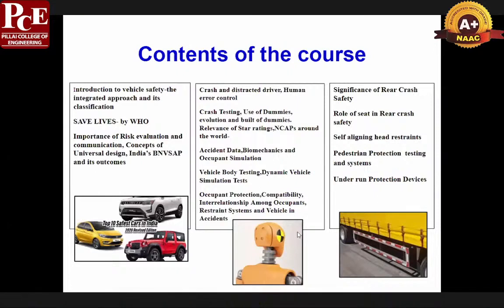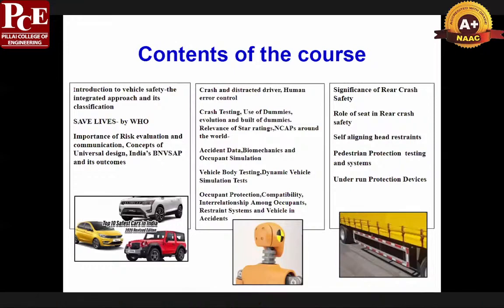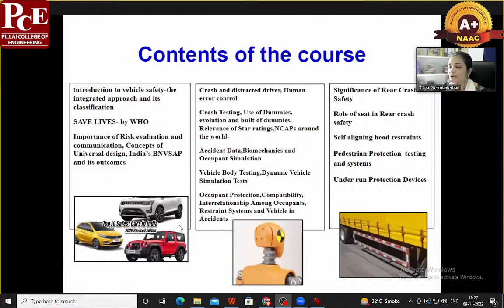The entire purpose is to mount a structure on a large vehicle, it could be the rear end, the front end, or the side, to ensure that in the event of a crash, the smaller vehicle should not go into the larger vehicle, get underneath the larger vehicle.